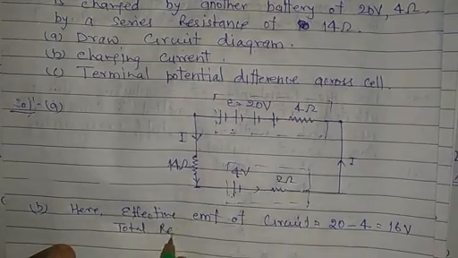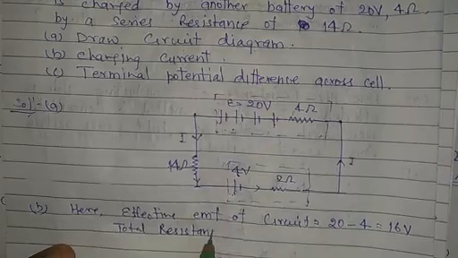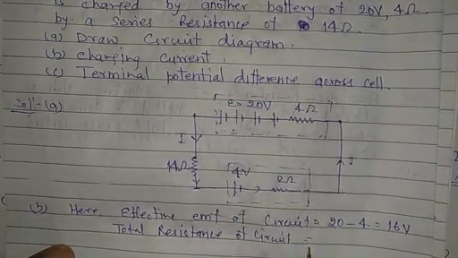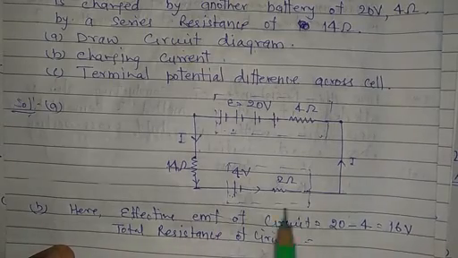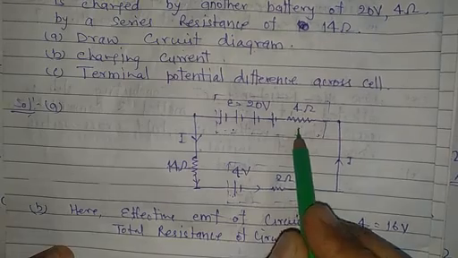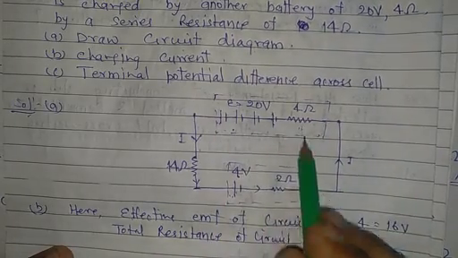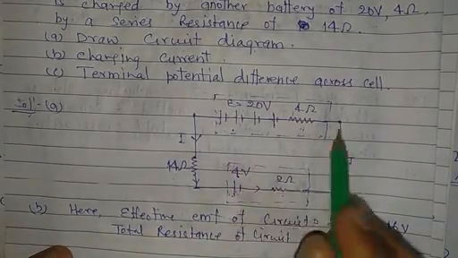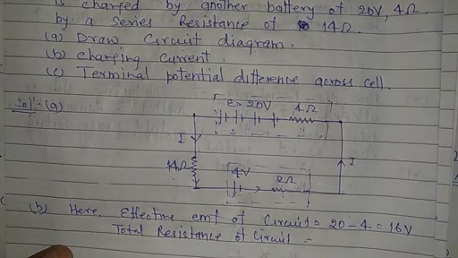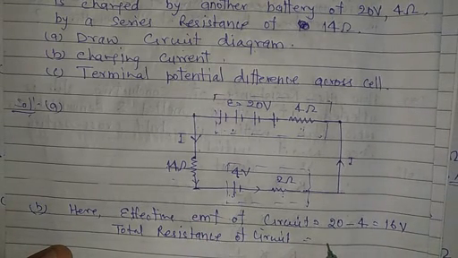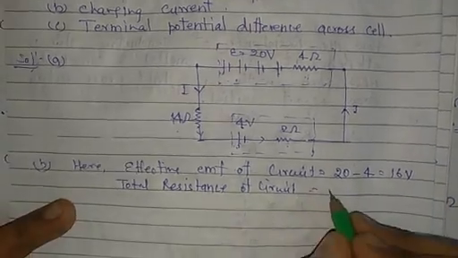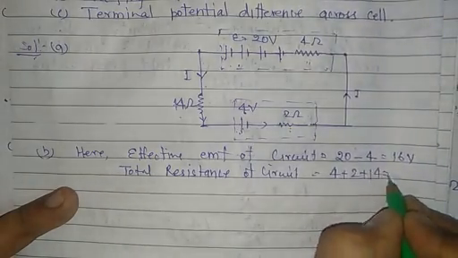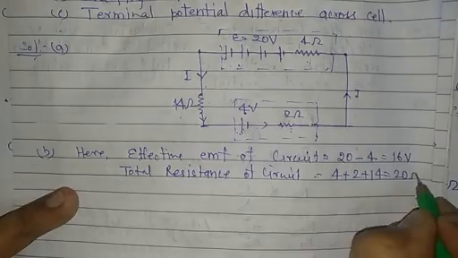Total resistance of circuit: 4 ohm from battery, 2 ohm from the cell, and 14 ohm. All these three form series. So therefore the total resistance of the circuit would be 4 plus 2 plus 14, that is 20 ohms.